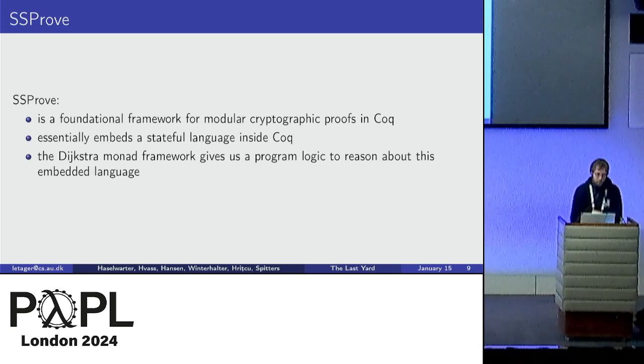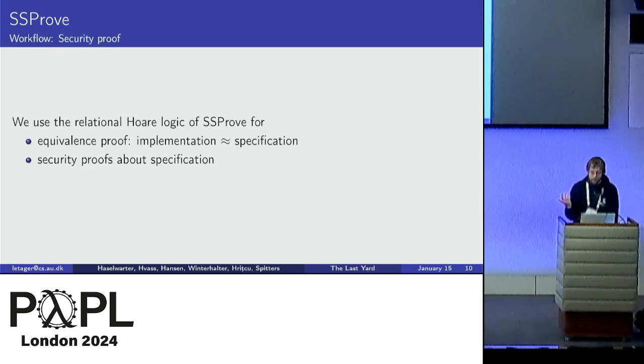And the Dijkstra monad framework gives us a program logic to reason about this embedded language, so we can actually show properties about things implemented in SSProve. Specifically, we can show security properties. What we're using SSProve for in this work is to show the equivalence between an implementation and a specification, and to show security proofs about the specifications.